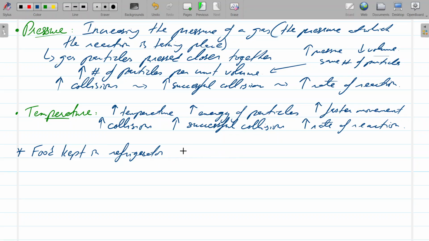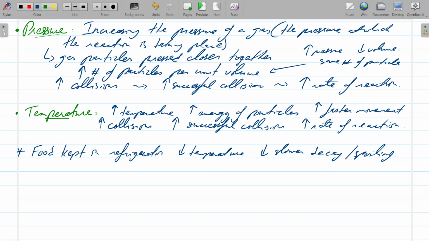And so the low temperature of the refrigerator slows down that process. And so as compared to leaving it out in the open where food might spoil overnight or in a matter of hours, you'd have it last between a few more hours to a couple of days, right? A few days. And so you're slowing down all the chemical reactions that lead to decay of food. Now, okay, that's on a side.